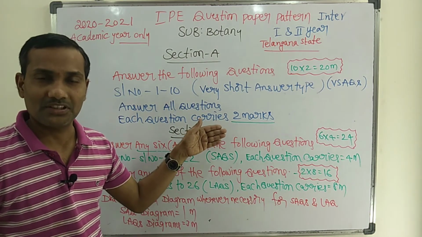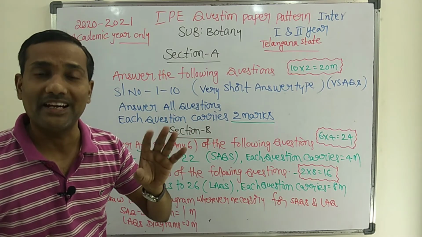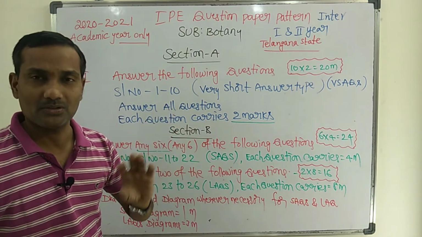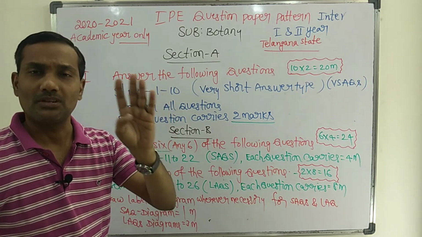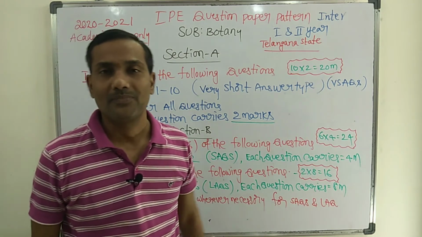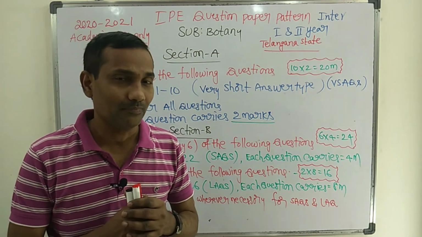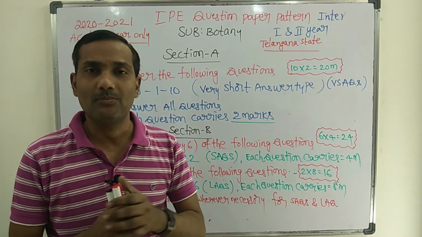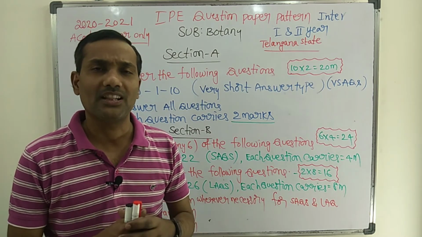For short answer questions, a minimum of 7 to 8 questions will be diagram based in botany. If you choose a diagram based question, you must draw the diagram. For a few short answer questions there will be no diagram. For example, write the differences between red algae and brown algae: you can write 5 to 6 differences, no need to draw a diagram.